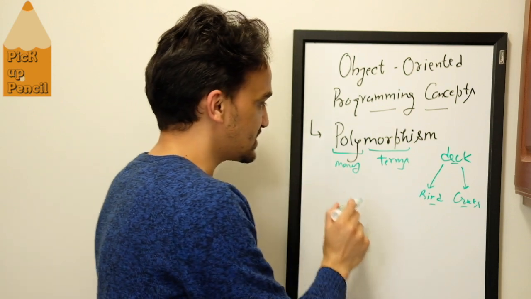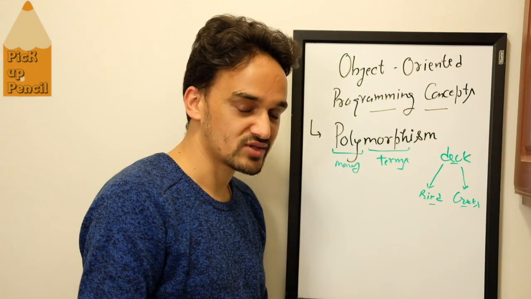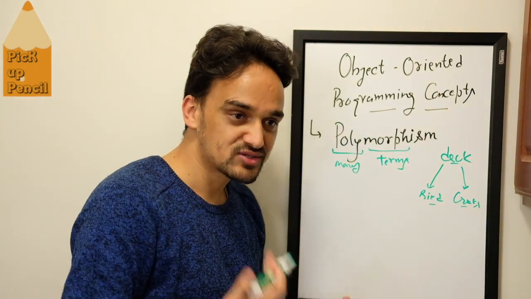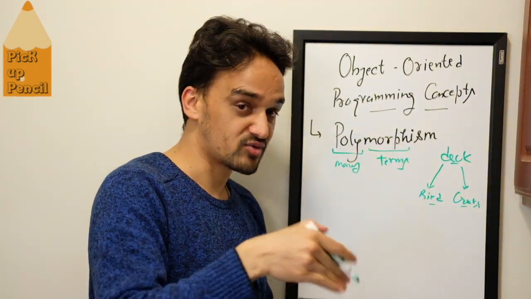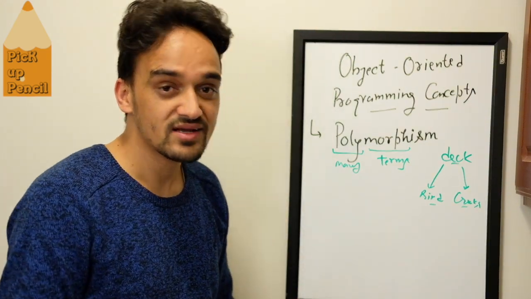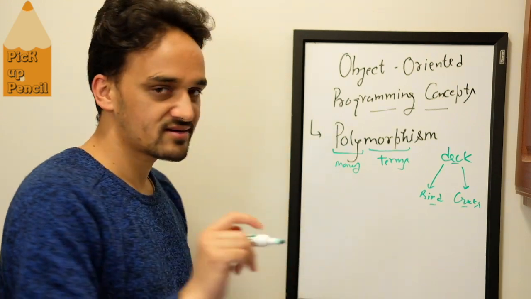So similarly, in the programming world, we can make our functions act in such a way that, on the basis of the arguments, they can behave differently. So I want to take a quick example.